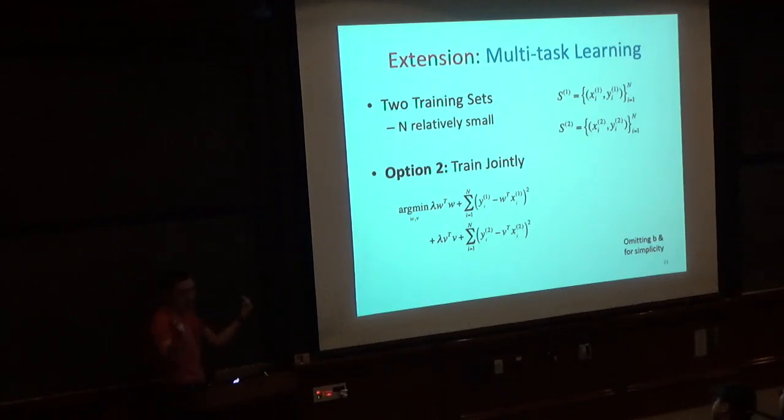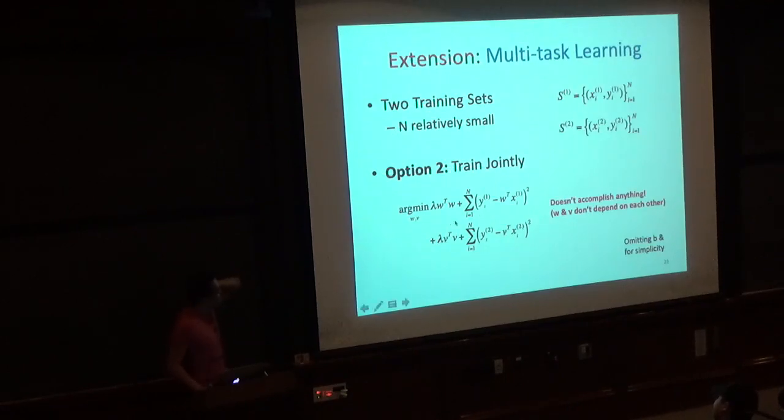We're going to have a single optimization problem that has both the loss on the first task and the loss on the second task. Actually, this doesn't do anything, because these 2 objectives are completely decoupled from each other. Solving this joint objective is equivalent to solving them separately. So just adding the 2 together doesn't do anything. There's no interaction between the 2 tasks.